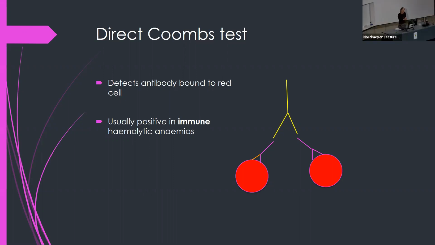But most of the time, if it's an immune hemolytic anemia, you will have a positive direct Coombs test. So in exams, they're not going to give you a DCT negative autoimmune hemolytic anemia. That would be very mean. If it's an immune hemolytic anemia, they'll say the DCT is positive.